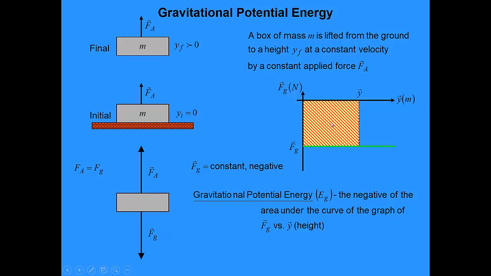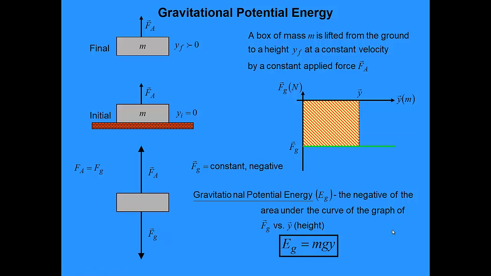So once again, notice it's the negative of the area under the curve of force versus height. And this one's a little easier to do, without going through the algebra. It's just F_g times y, and F_g is mg, so it is, of course, mgy. Again, that's near enough to the surface of the Earth where we can consider the gravitational force to be constant.